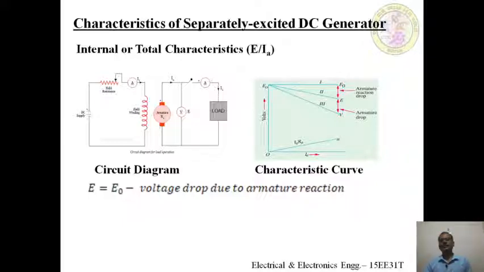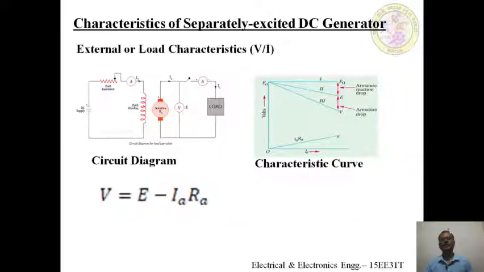Then we can plot curve 2 for different loads in this way, and that is called the internal characteristic curve for the generator.